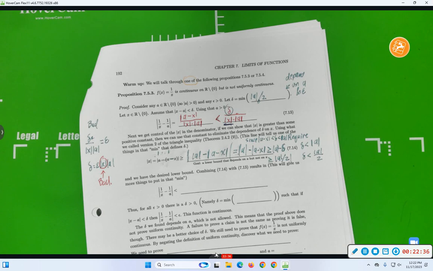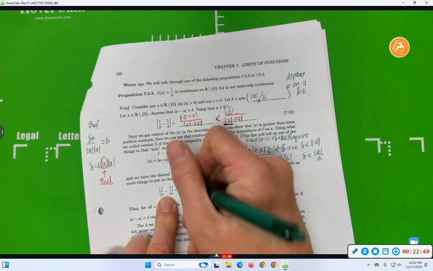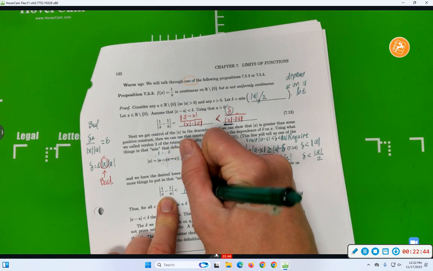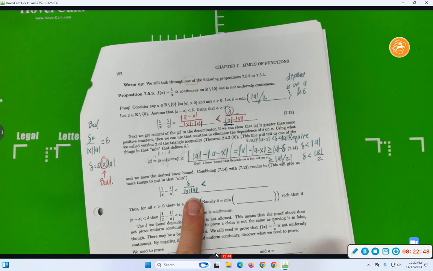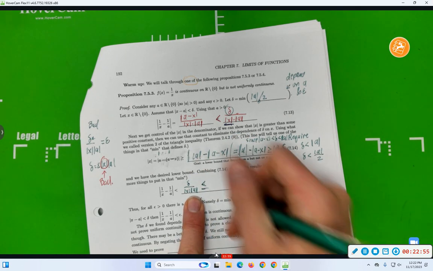Let's use that. Now I can say absolute value of 1 over x minus 1 over a is less than delta over absolute value of x, absolute value of a. By the previous line, that is less than, let's say less than or equal to. All these are less than or equal to's right now.